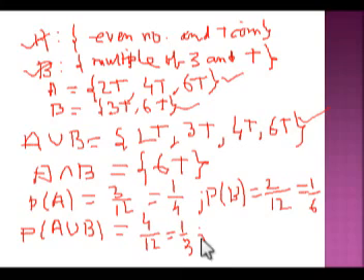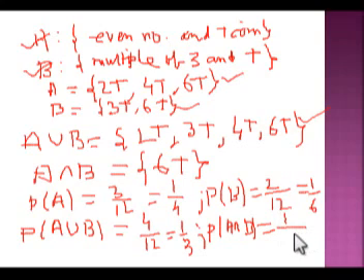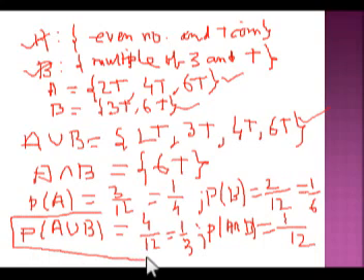And probability of A intersection B will be 1 by 12. One member in the intersection. So now this is already calculated. The probability of A union B will be 1 by 3.